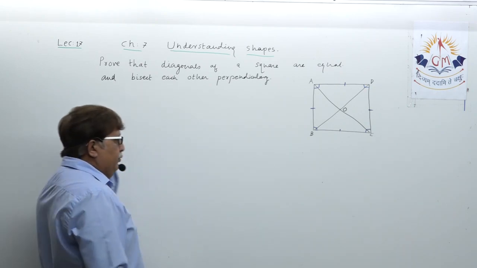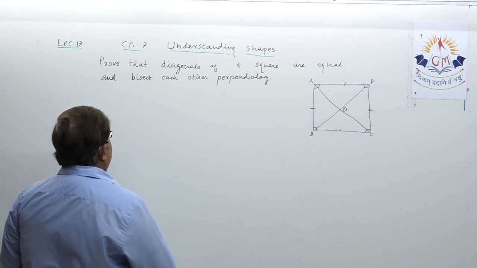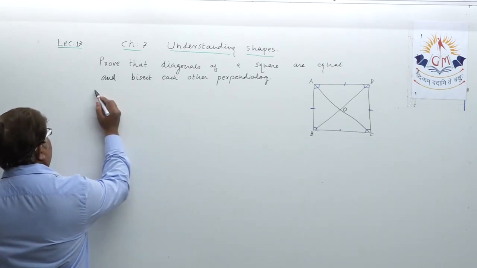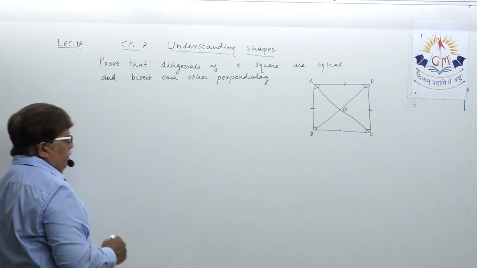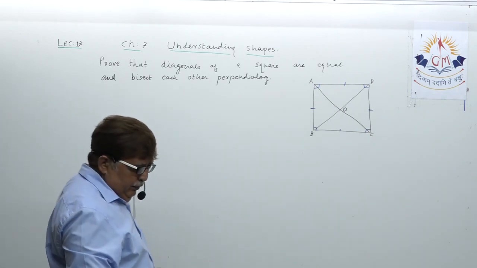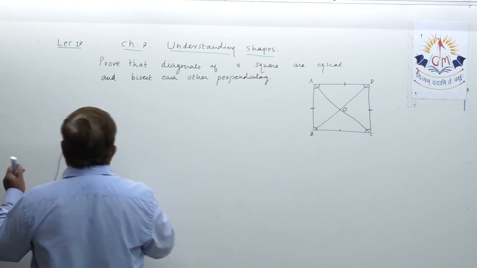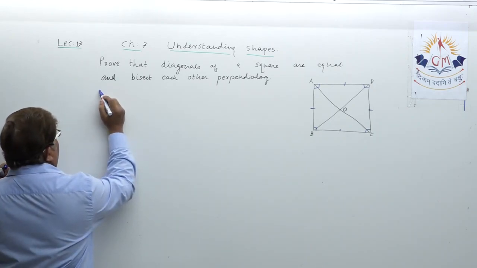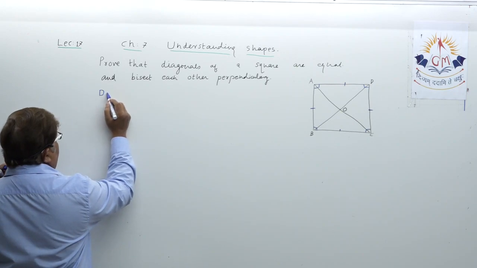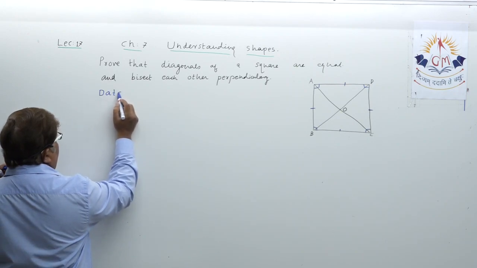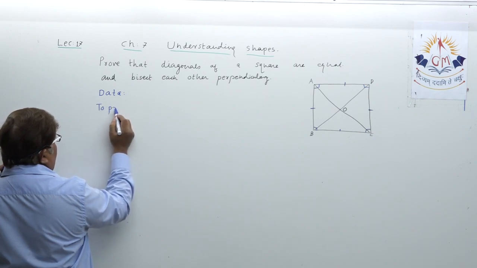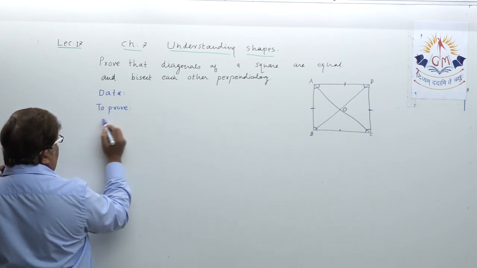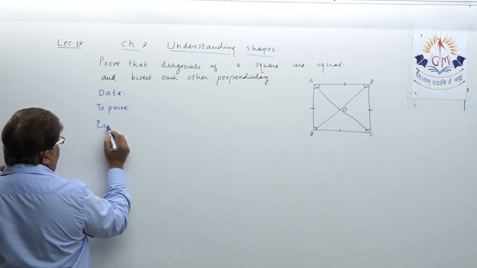Okay, so first, dear student, let us write data. Okay, first the data of the theorem, then to prove for the theorem, and then proof.